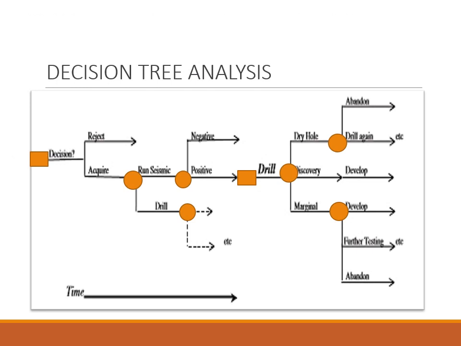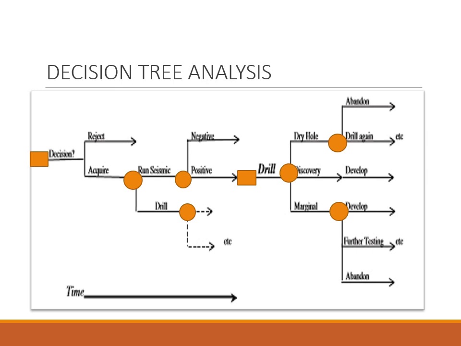All right, now let's look at an example from an EMP project. Let's say that you were to decide whether you should acquire a field or reject a field. So if you reject, then you don't get anything. If you acquire, then there would be possibilities, or you will have to decide whether you run seismic first or do you drill. Okay. If you run seismic, then there are chances that the results will be positive or negative.